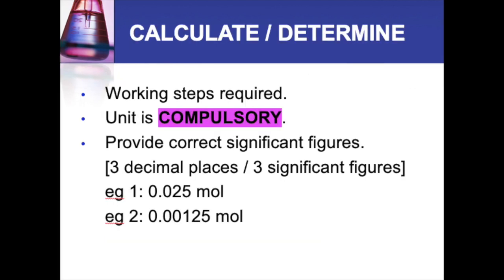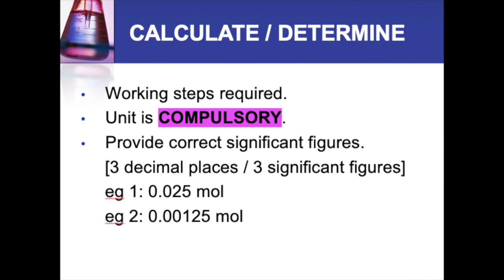Next we are going to look into the questions for calculation. Please make sure you put in your working steps. We make these working steps compulsory to reduce careless mistakes that students normally make.